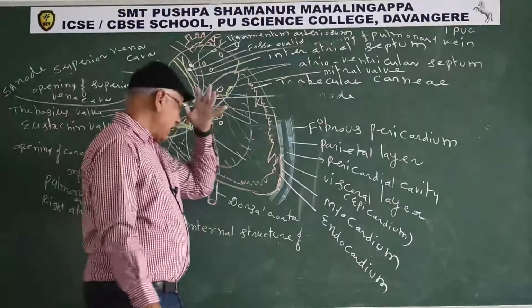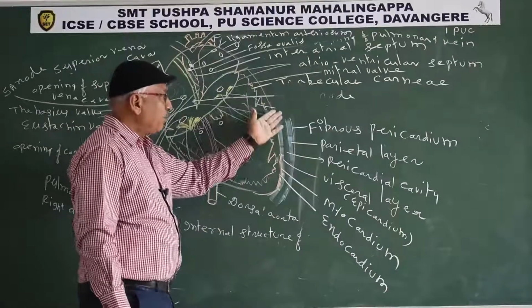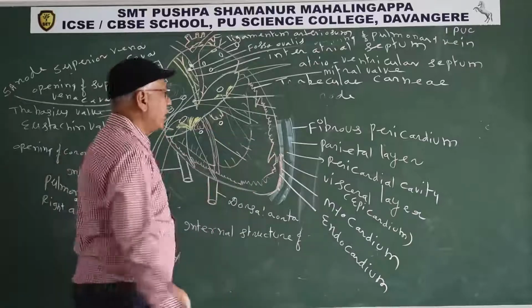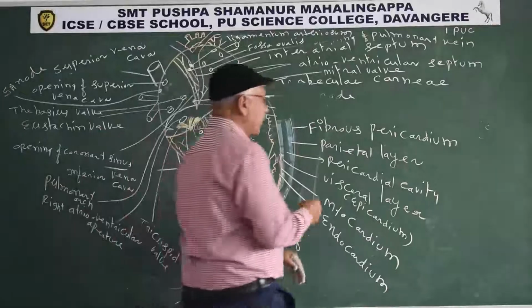The fibrous layer present around the heart is known as fibrous pericardium. Inner to the fibrous pericardium is the serous pericardium.